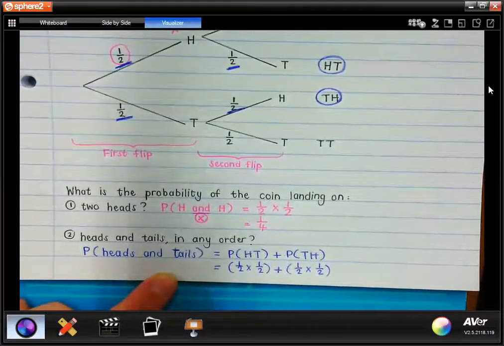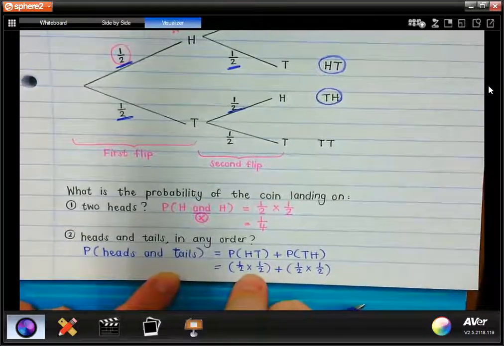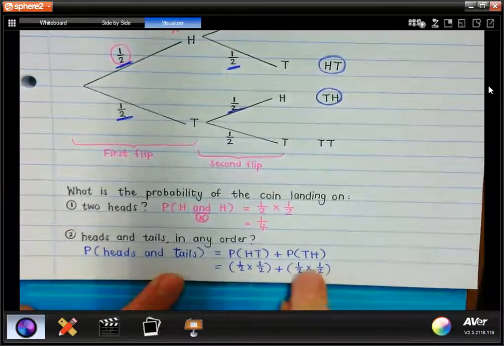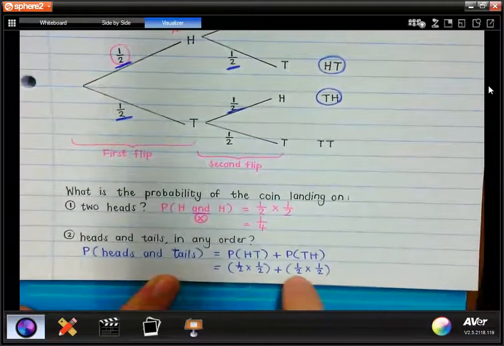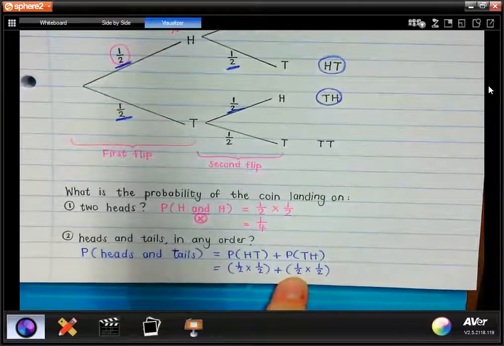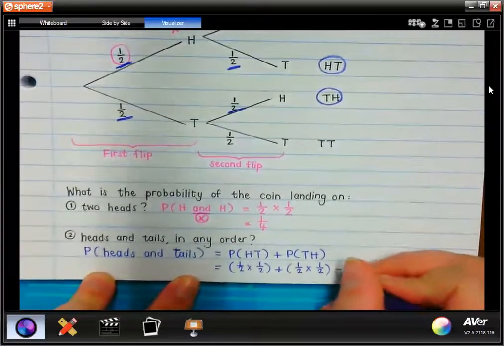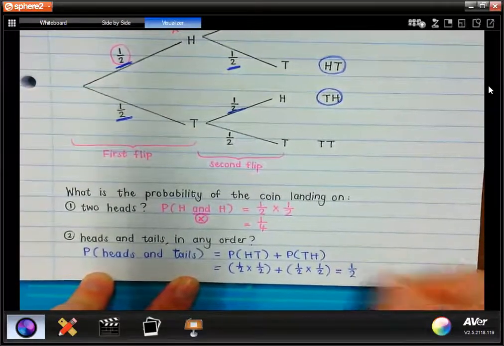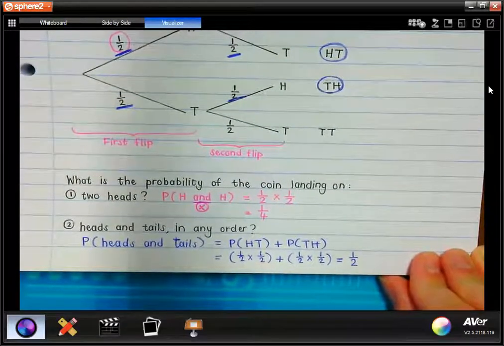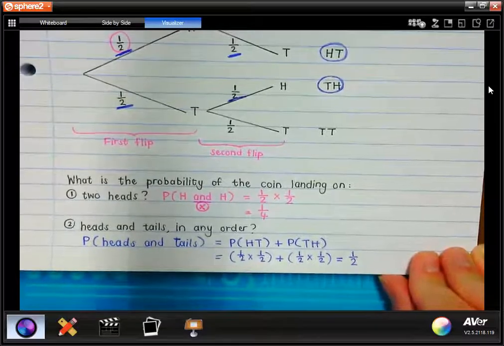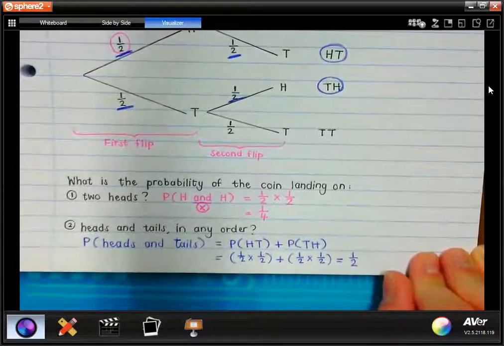Okay, from there you can type that into the calculator. You can do it in your head. All right, a half times a half is 1/4. That's also 1/4. So you're going to have 1/4 plus 1/4, which is 2/4, which does simplify to a half in the end. Okay, so the probability of getting heads and tails in any order is actually 50% or half.